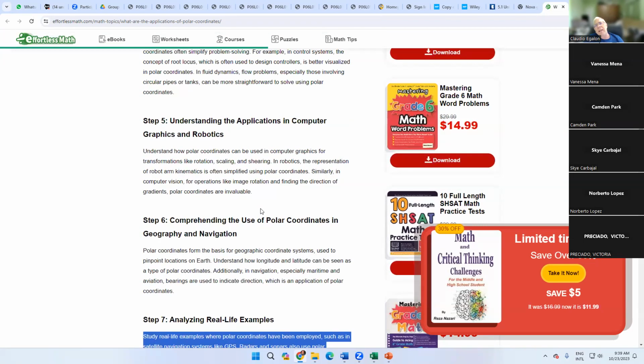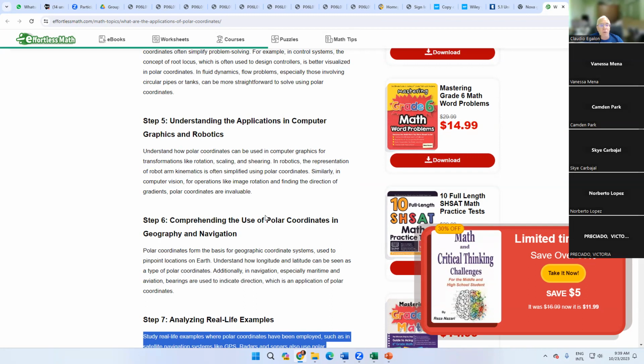That's not correct because now we are dealing with the radial distance from the center of the Earth of the object, plus the latitude and the longitude, which are two different angular positions, angular coordinates. So to locate an object on the surface of the Earth, we do not use the polar coordinate system.